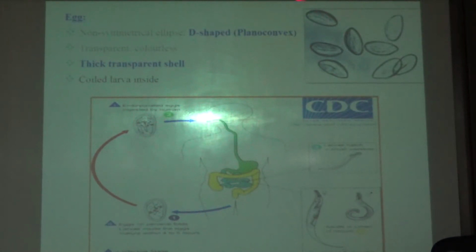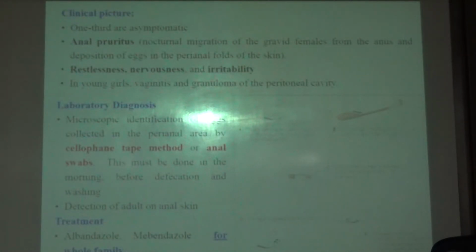This is the picture of this pinworm that we see, eggs of pinworm. If you see, it has got a typical plano-convex shape, and it looks like a lens, plano-convex lens actually, and typical D-shaped. And the most important thing, regarding a part of its life cycle, is anal pruritus.